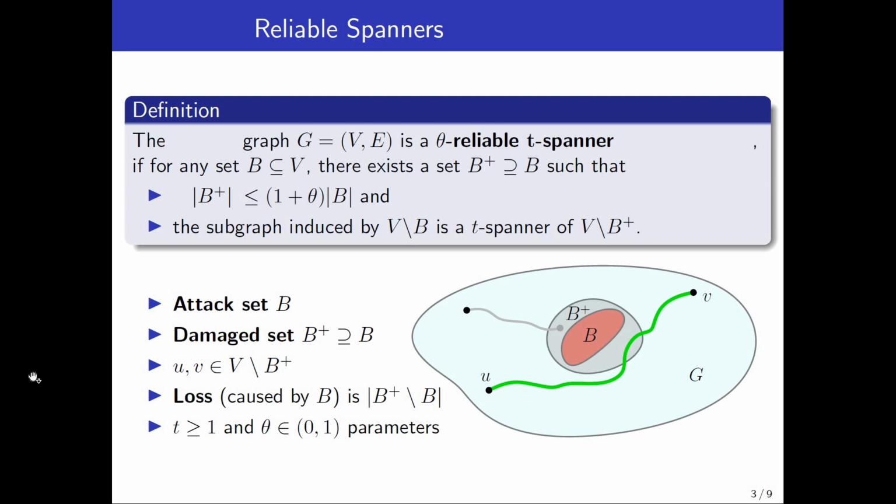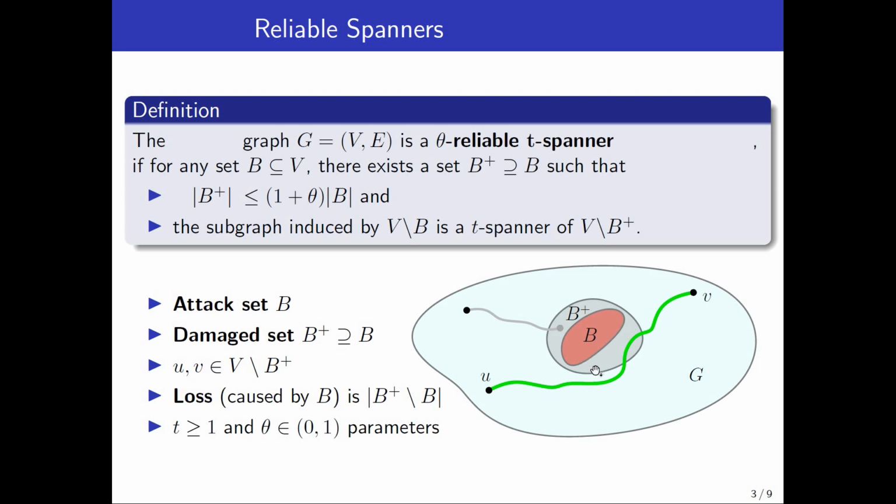For this, the first candidate is the notion of reliable spanners. The setting is the same. We have a spanner G, and there is a failure or attack set which we denote by B. These are the vertices that we delete from the graph. The difference compared to fault tolerance is that we allow some additional loss in the residual graph.